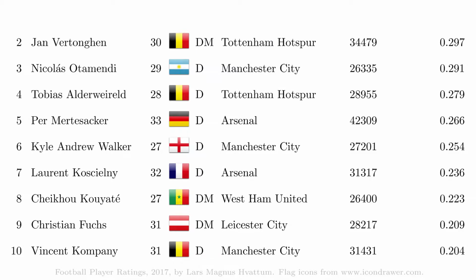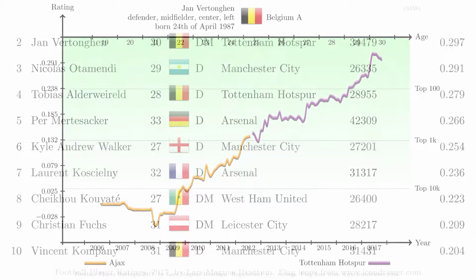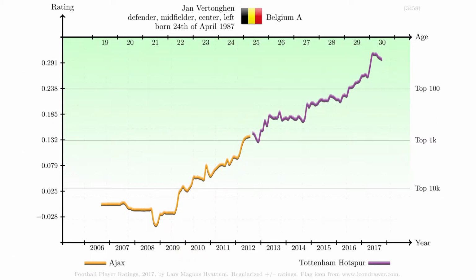Number 2, the Tottenham defender Jan Vertonghen. With a current rating of 0.297, he is number 24 in the world, according to the regularized adjusted plus-minus ratings. His rating graph shares one similarity with Otamendi's graph. They are both showing that their rating keeps on increasing.